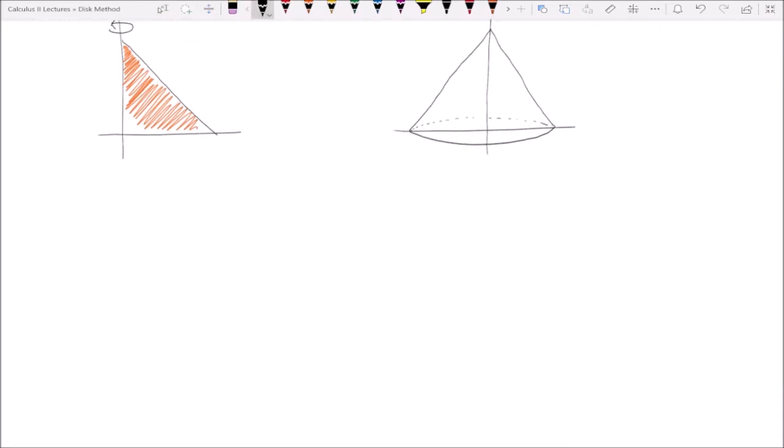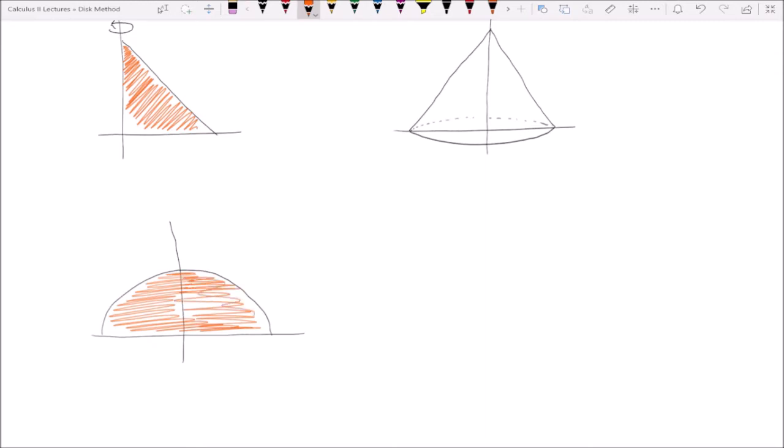Another common solid of revolution, and so again, consider this region. And now imagine spinning it about the x-axis.